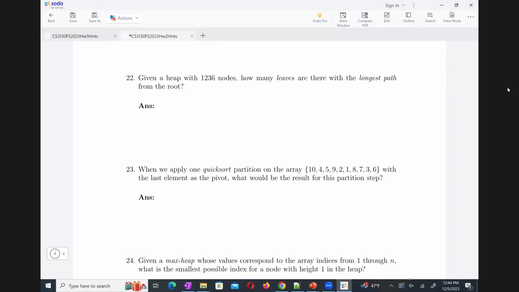Longest path. All right. So here, let me give you the general way of thinking to solve this kind of question. Actually, we used this strategy many times before. When you see the number of nodes here, n equals 1,236, it's a relatively large number. Don't worry, because to solve this problem, the real value of n is not that important.